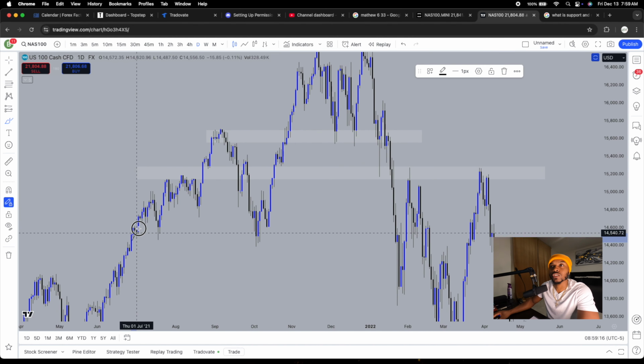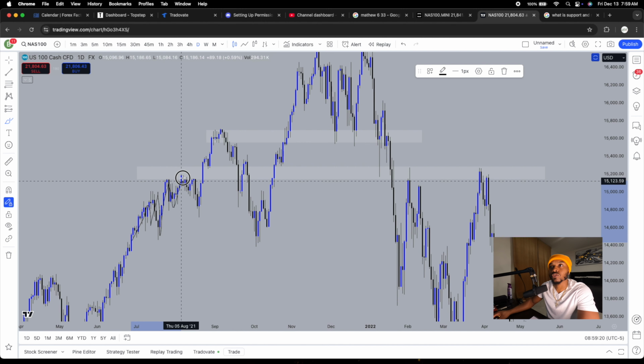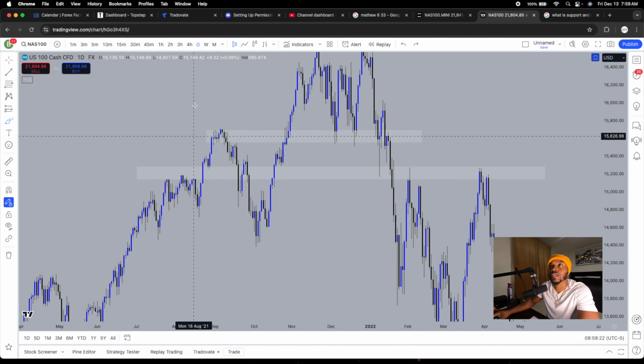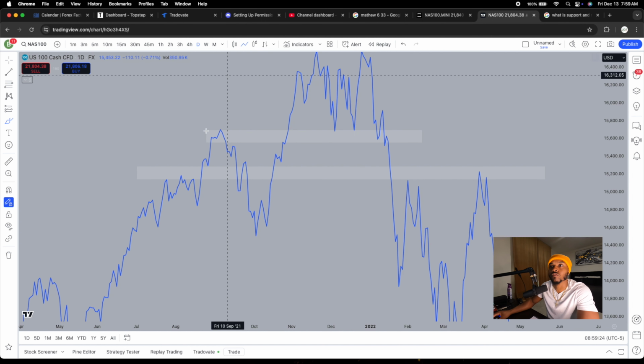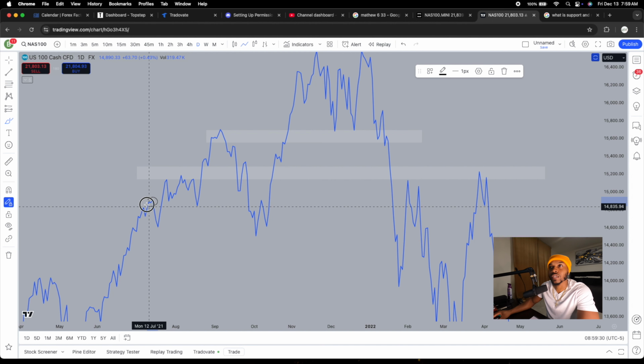If you look, you can just draw on this chart, or you can go to the line chart, which is sometimes easier for people to see support and resistance. So right here, you can see that the price went down. Once it got above that, it went up. Right here, it went up.